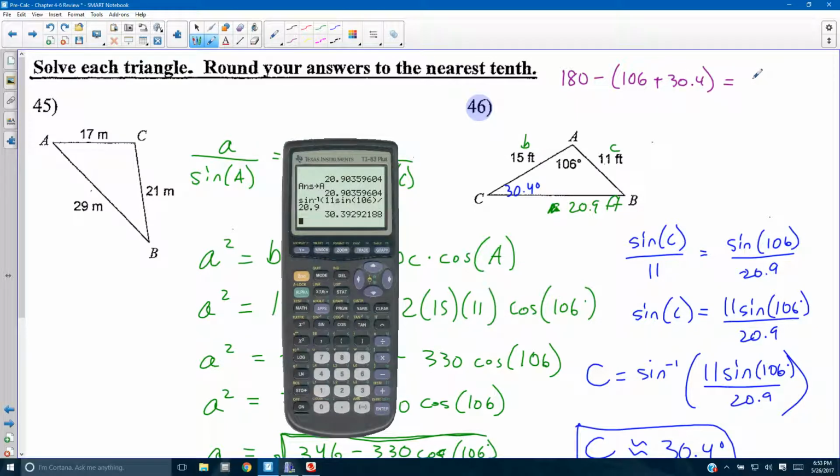And that's going to be measure of angle B. So we're going to get about, let's see, 180 minus 136.4. Okay, so that's going to be approximately 43.6 degrees. There's measure of angle B.